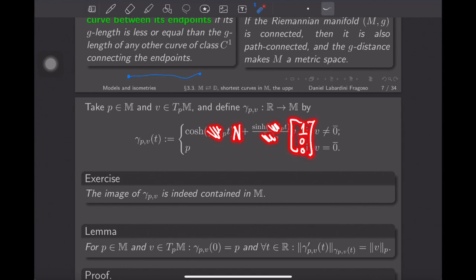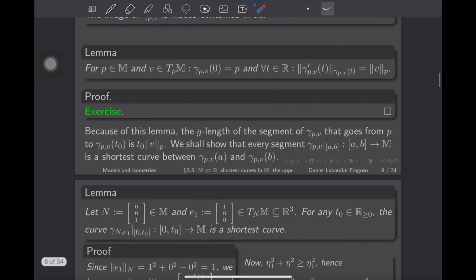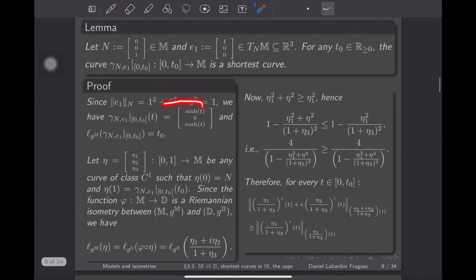So the formula tells me gamma of t is hyperbolic sine of t in the first coordinate, then 0, and then hyperbolic cosine of t in the third coordinate, because n is equal to 0, 0, 1. So that's what I have here. This just indicates restriction to the interval.